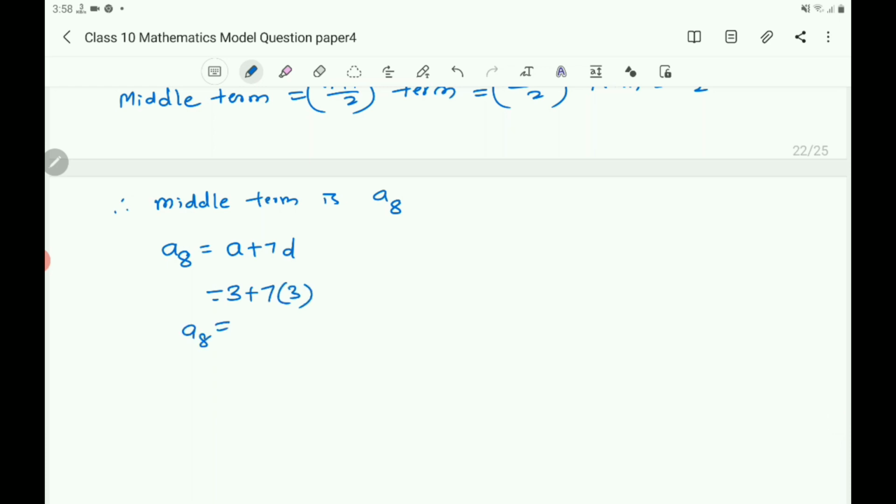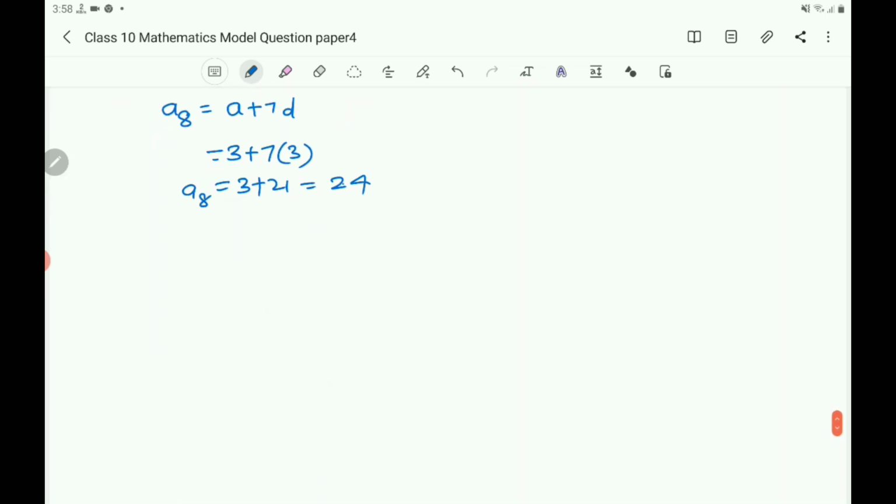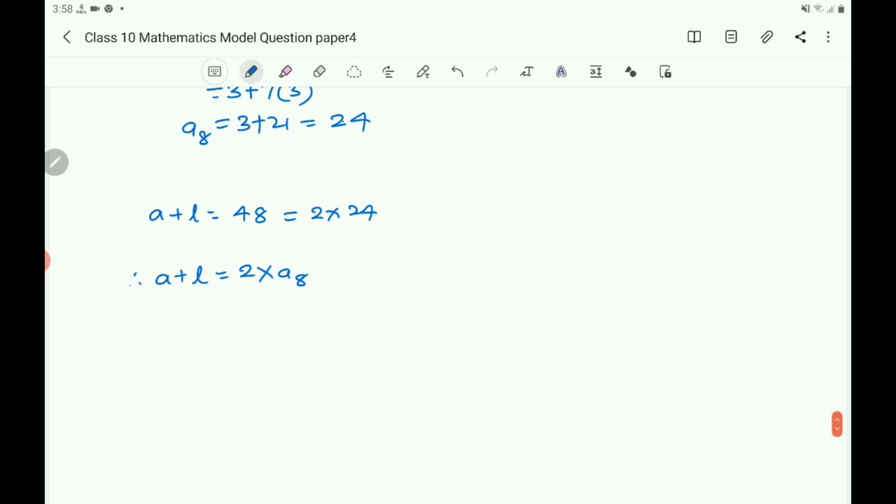So a8 equals 3 plus 21 equals 24. You got a8 equals 24. Here a plus l is 48, that equals 2 into 24. Therefore you can write a plus l is equal to 2 into a8. So the sum of first and last term.